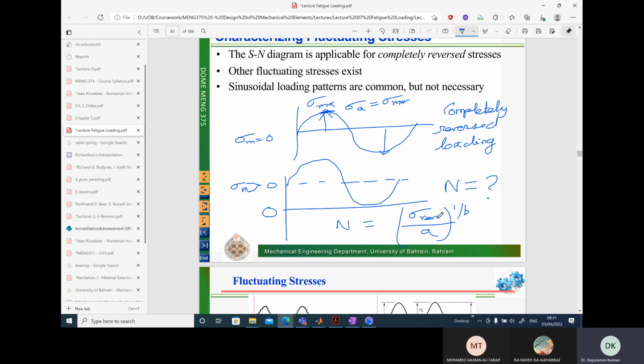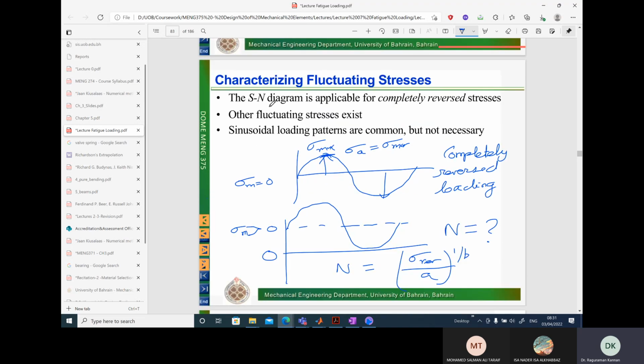If we can find the equivalent reversible load, then we will be able to figure out the number of cycles to failure for this case. We are going to go through some theories which will let us know how to calculate the equivalent sigma reversible load.